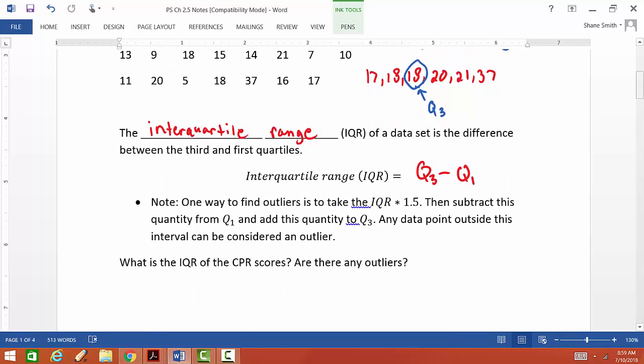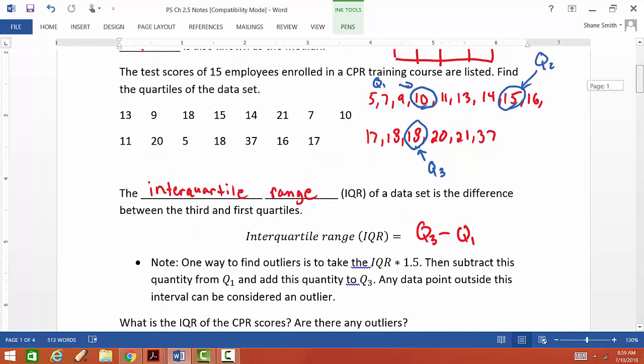So let's see if there are any outliers in this data set. By looking at our ends of the data set, we see 37 is pretty far away from 21, so that is probably an outlier. And 5 isn't really far away from 7. So let's see if our rule makes 37 an outlier or not.